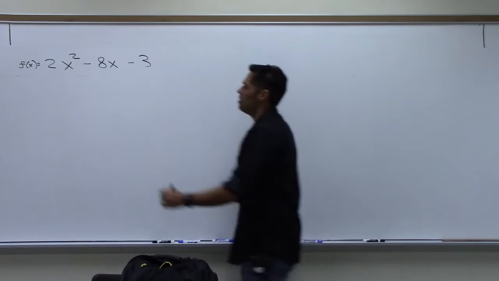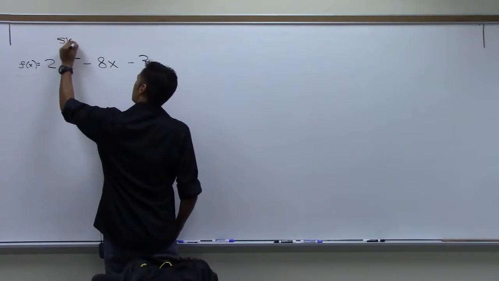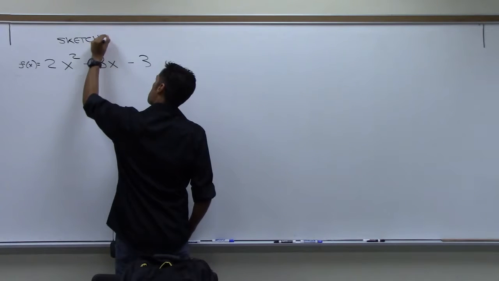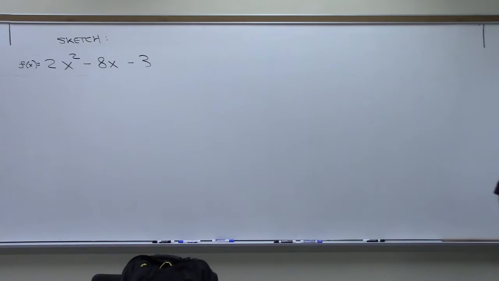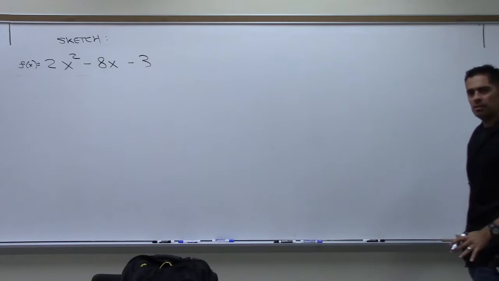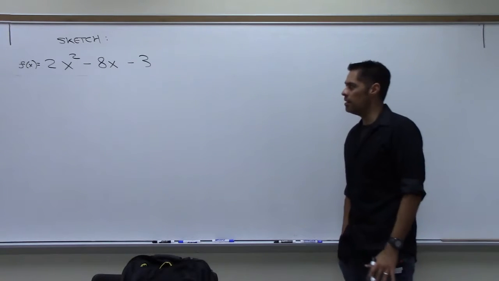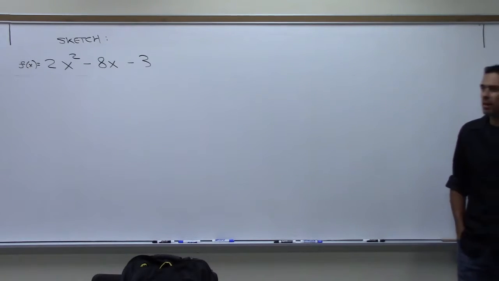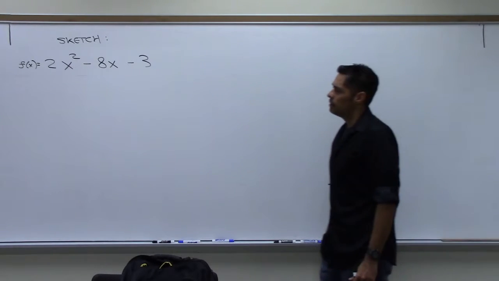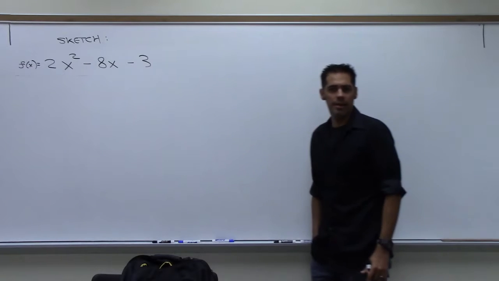And the instructions here are to sketch this. Now, when we say sketch, that means we want a pretty good picture. Doesn't have to be perfect. We're not trying to land a man on the moon here. Okay, it doesn't have to be that precise, but the picture needs to look pretty close to what it is. All right?